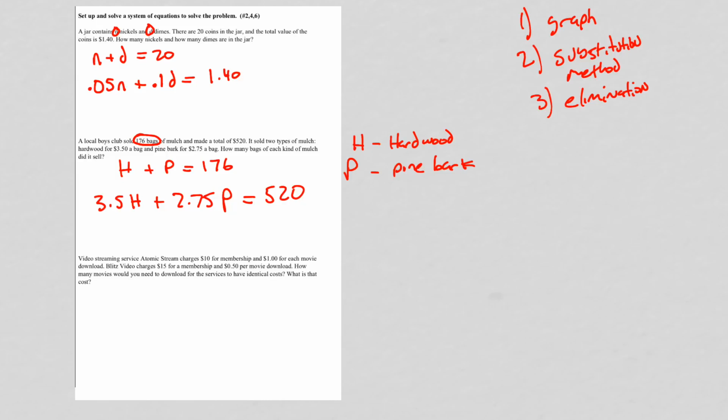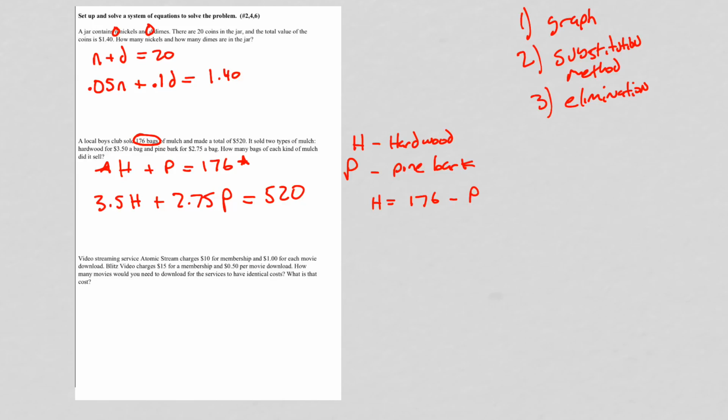Even though people don't like to do it, substitution might be one of the easier ways to solve it in this particular instance. So let's take a look at this first line. H plus P equals 176. I can very easily solve for H by simply subtracting P from both sides. That'll give me H is equal to 176 minus P.